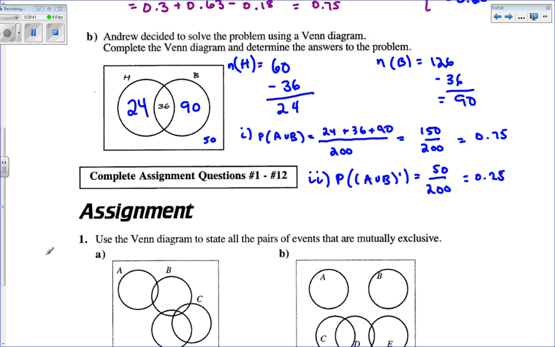So your assignment is a worksheet that's attached to this notes booklet, and it's questions numbers 1 to 12. And if you want some extra practice or some different types of questions, then you can go to the textbook. Just give me a moment here, I'm just looking it up because I didn't write it down.